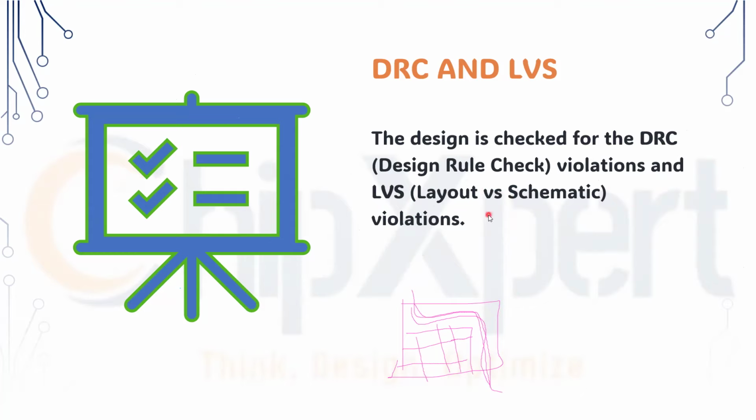What is a schematic? A schematic is basically a Verilog file. Let me give you an example. There's a wire going from here to here. The second wire is going from here to here. The third wire is going from here to here. I see there are no violations here. The connection is very proper.